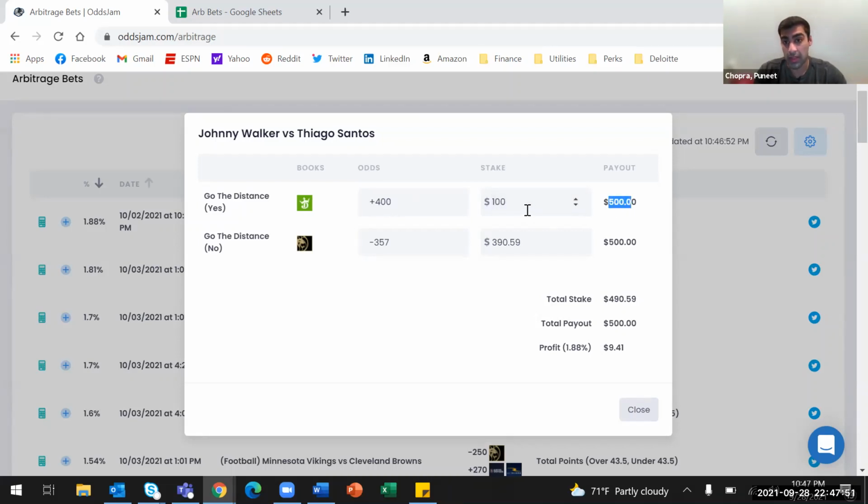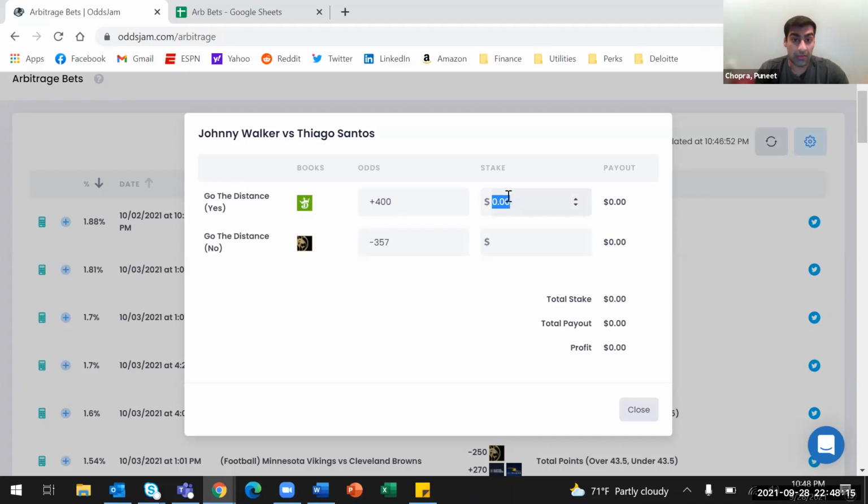So you'll make 400 and then get your 100 back. On the flip side, on MGM here, you bet 100 to win 128. That's just how the lines are designed. This is telling you either this fight goes the distance or it does not. You only have those two options.